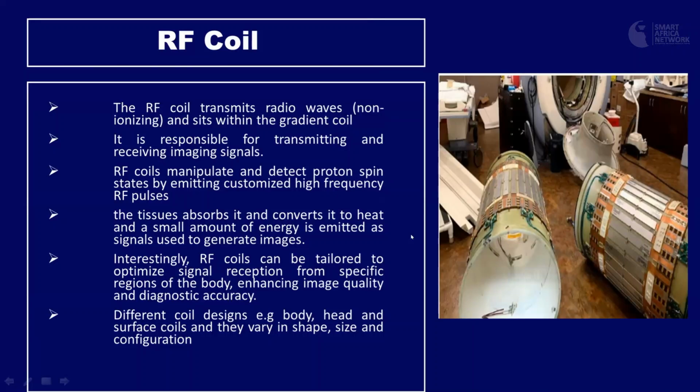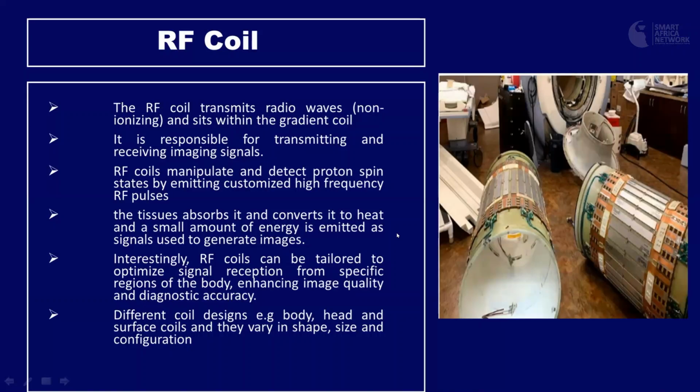So the duty of the radio frequency energy is to generate proton spin, to make the protons within the patient's tissues spin. The tissues absorb this radio frequency energy and then convert it to heat, and a small amount of that energy is also emitted as signals, which is used to generate the images.